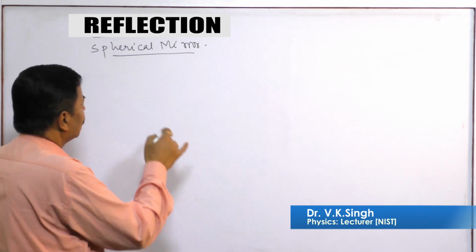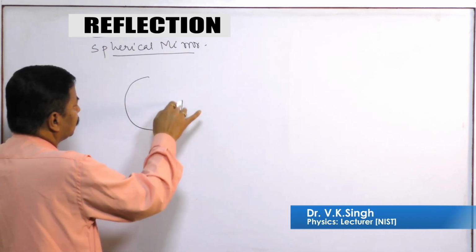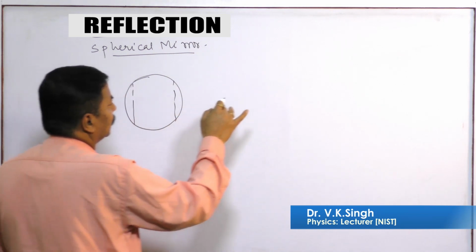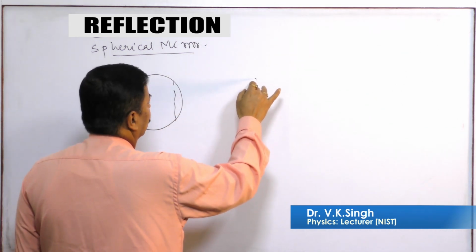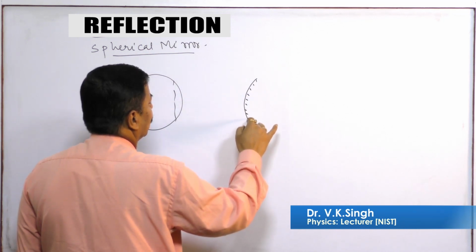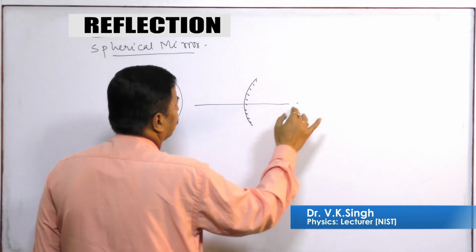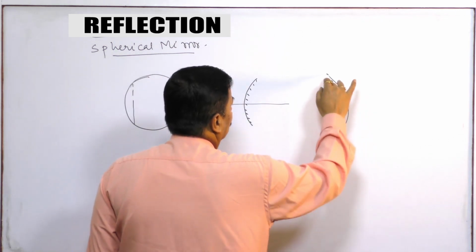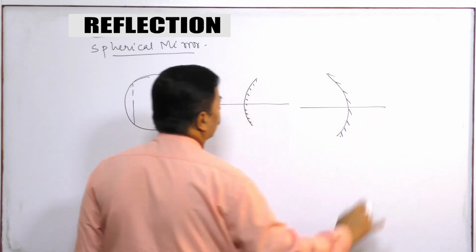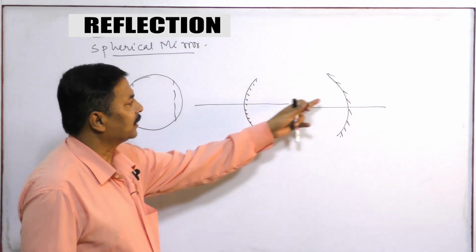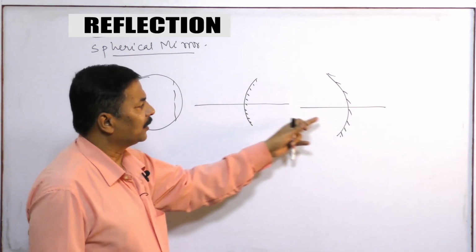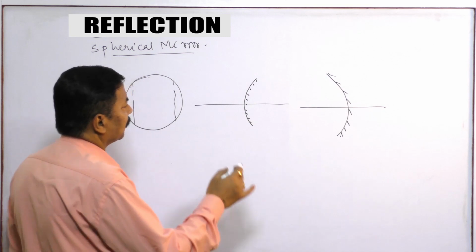So if I am considering a sphere and I am taking a part and silvering it in this way, this is the silvered side, so this is your convex mirror and this is your concave mirror.